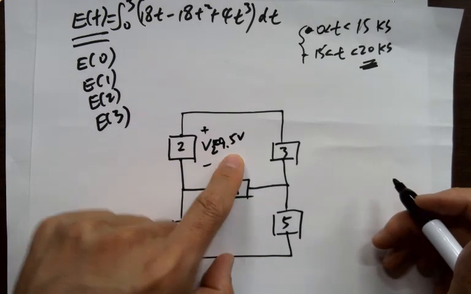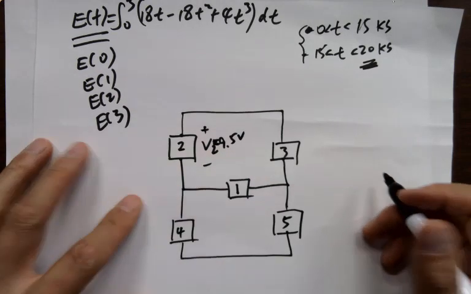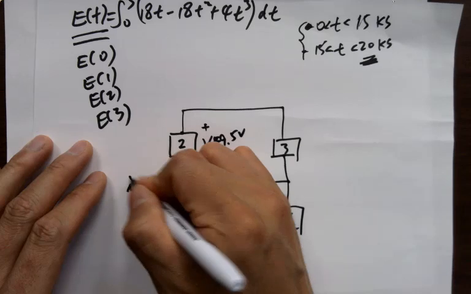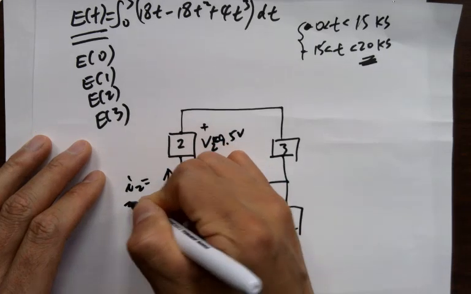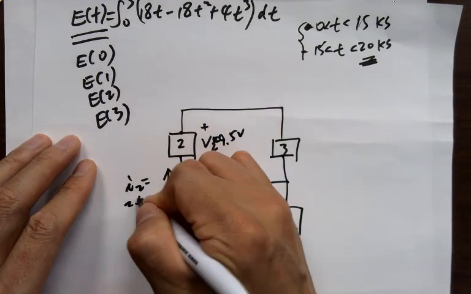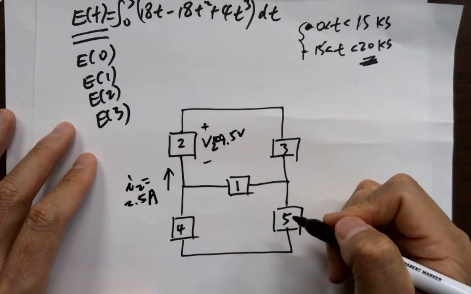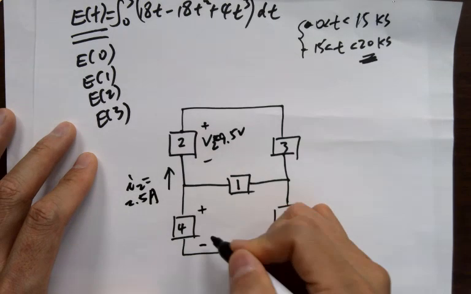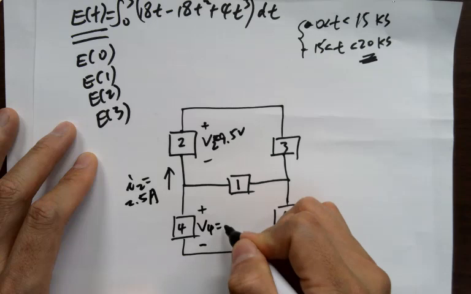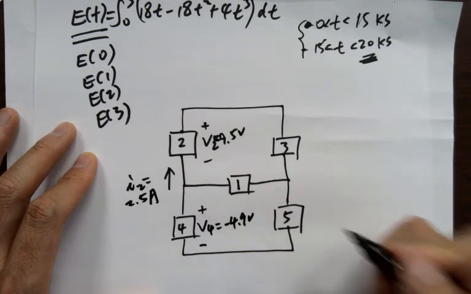Sorry, V2 equals 9.5 volts, and current I2 is 2.5 amps. V4 here is negative 4.9 volts.